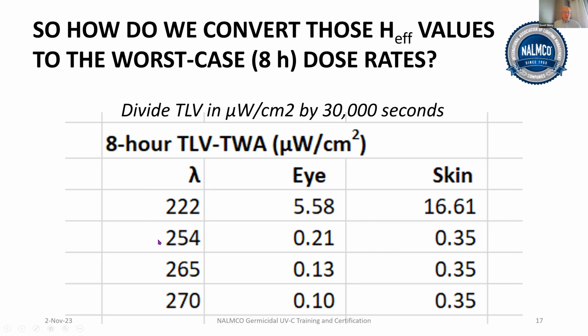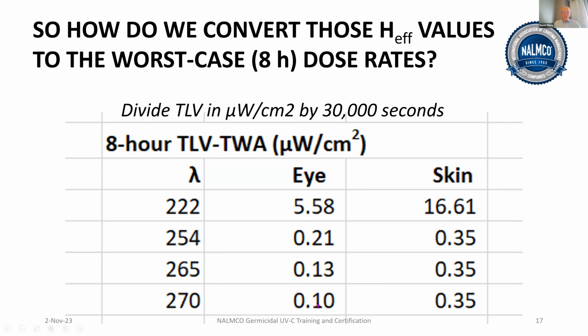The 254, though, is less than a microwatt per square centimeter, 0.21 for the eye, 0.35 microwatts per square centimeter for the skin. 265, even lower at 0.13 microwatts per square centimeter for the eye, 0.35 for the skin.